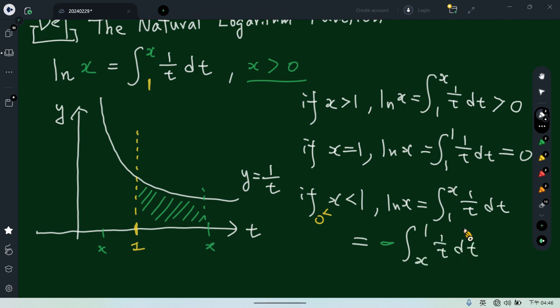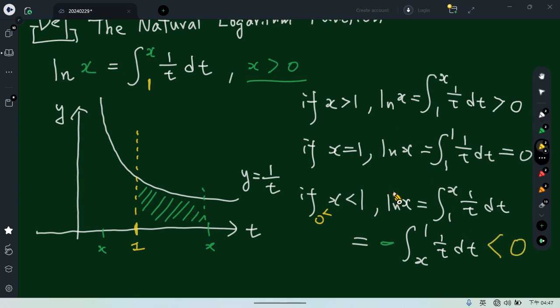Because x is less than 1, x should be here, from a number less than 1 to 1. This part will be positive, then with this negative, eventually the number should be less than 0.